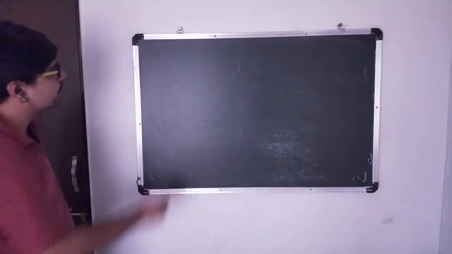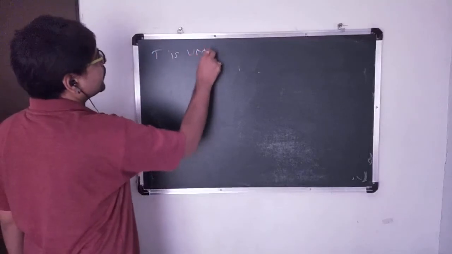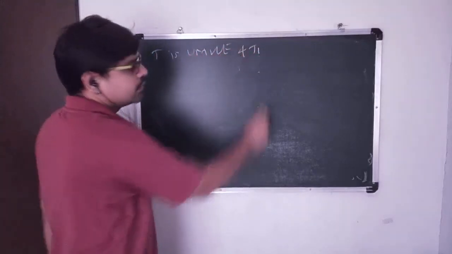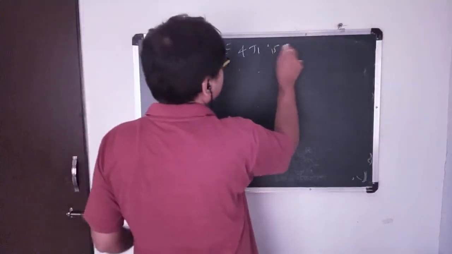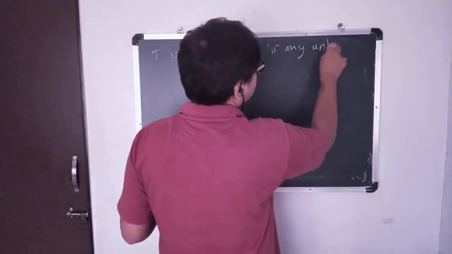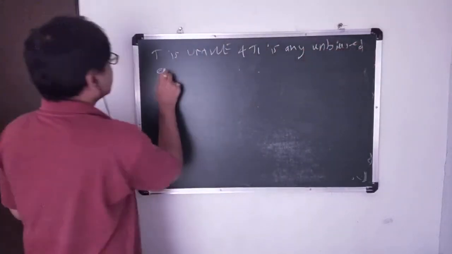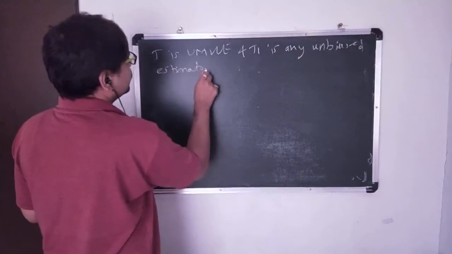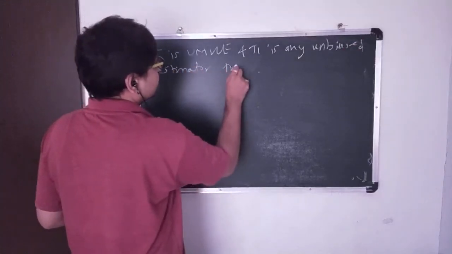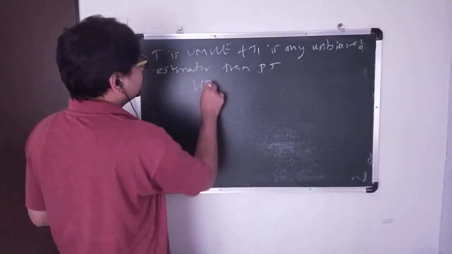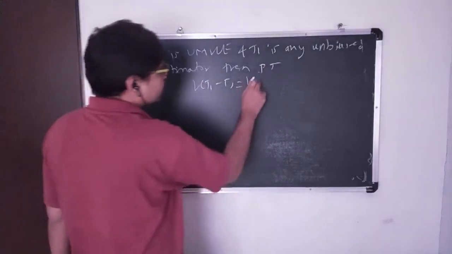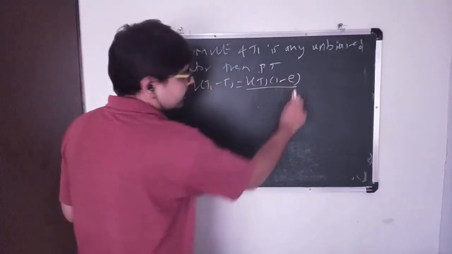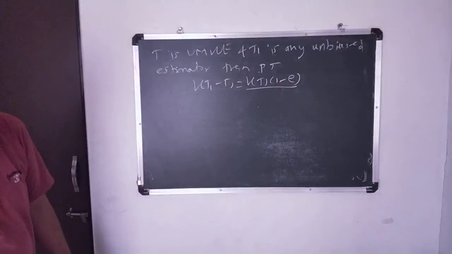Our other example is: if T is UMVUE and T1 is any unbiased estimator, then prove that variance of T1 minus T is equal to variance of T into 1 minus e divided by e.